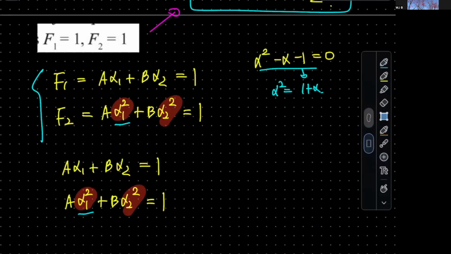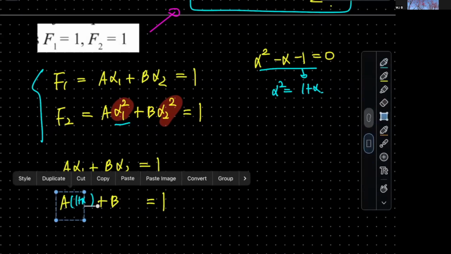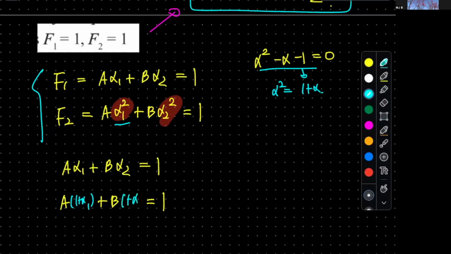Every time you're linearizing the equation, it is always nicer. So I have 1 plus alpha 1, isn't it? And then 1 plus alpha 2, because of this quadratic equation. That is beautiful.